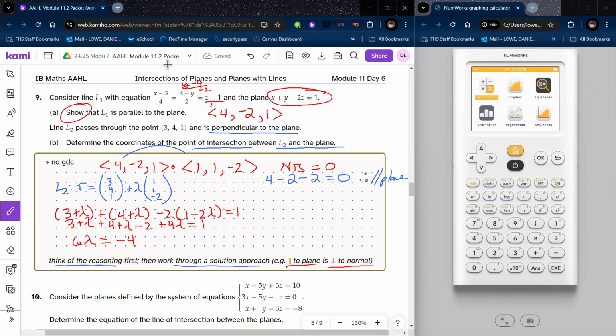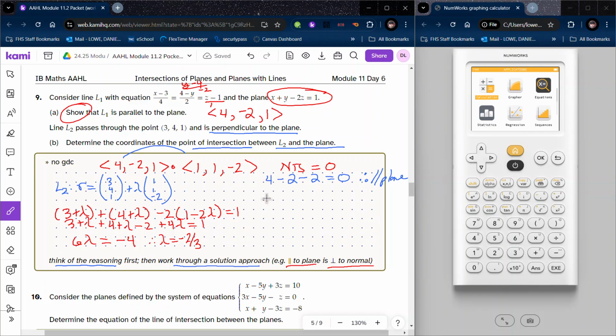So 6 lambda must be equal to negative 4. And if 6 lambda is equal to negative 4, then I can figure out my particular value, and this would give me lambda equals negative 2/3, or negative 4/6.